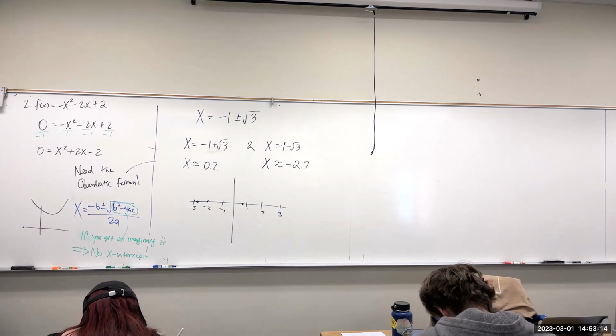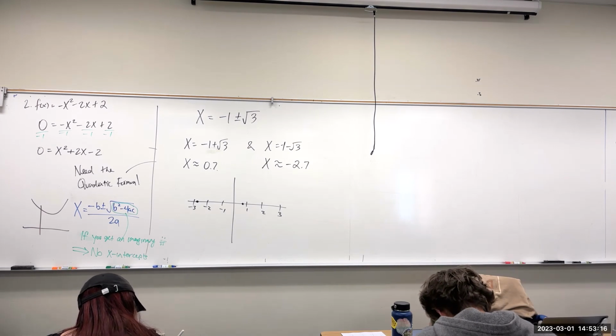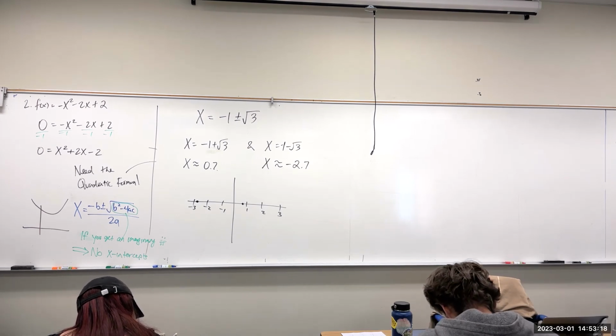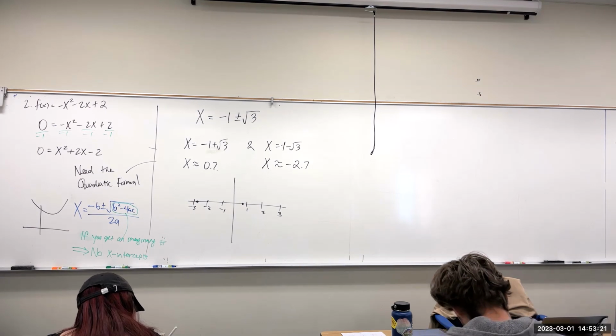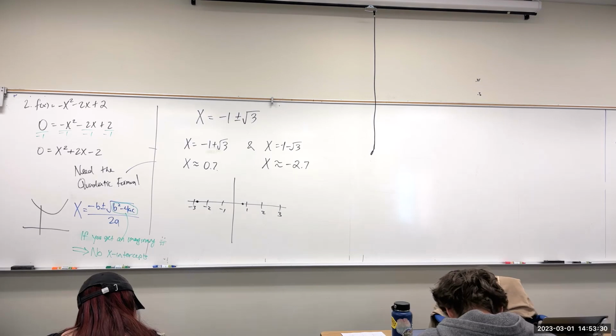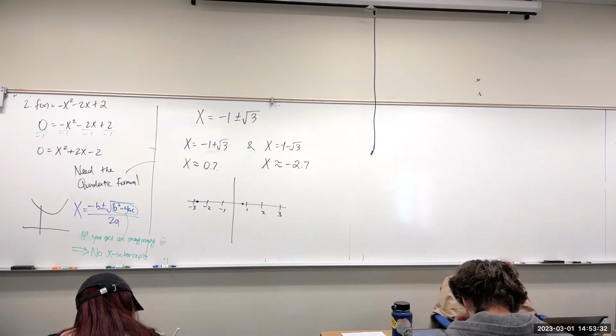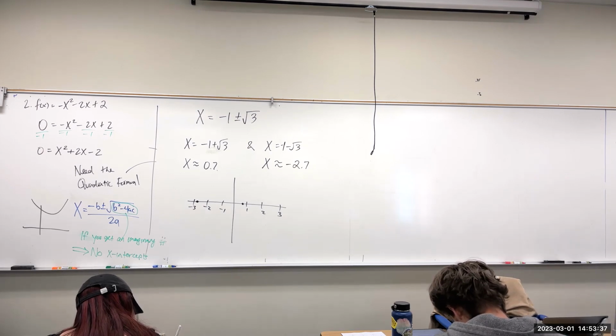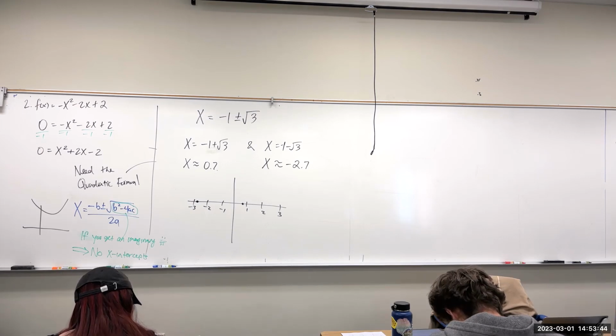So write the equation 2x minus 1, and then x minus 3, and then you just solve for x. So it's a little bit more systematic.